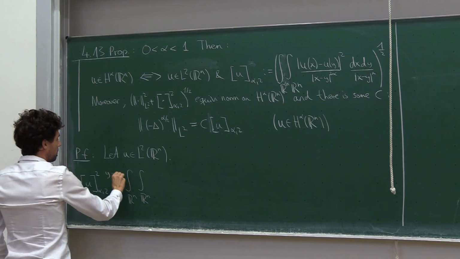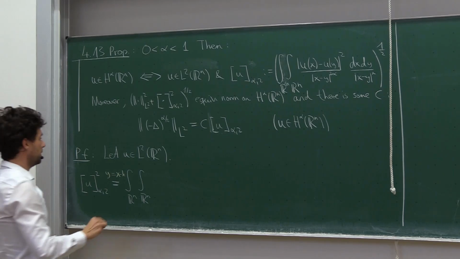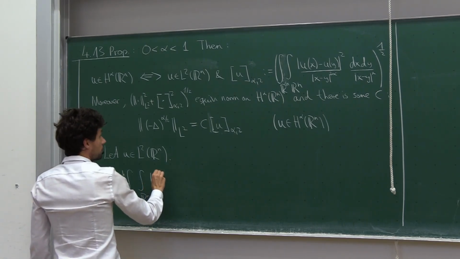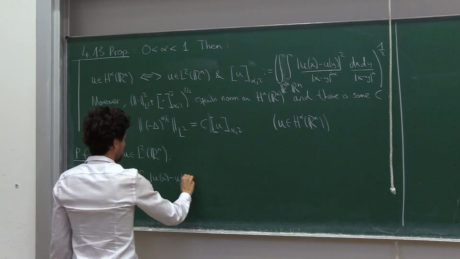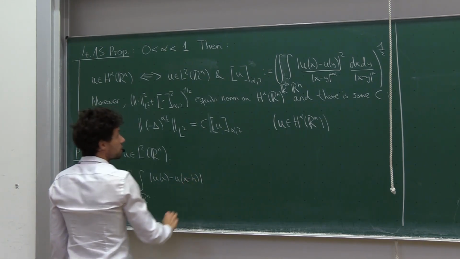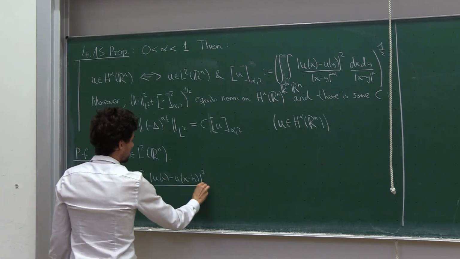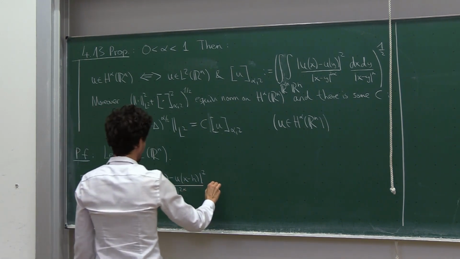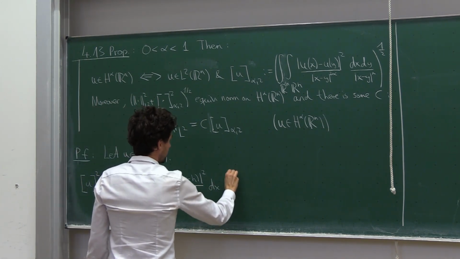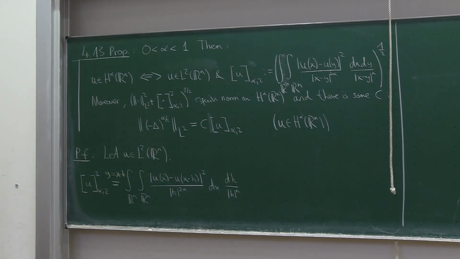equal to x minus h. Okay, and if I do that, then I get the integral of |u(x) minus u(x minus h)| squared over h to the 2 alpha, dx dh over h to the n. It's just substitution.